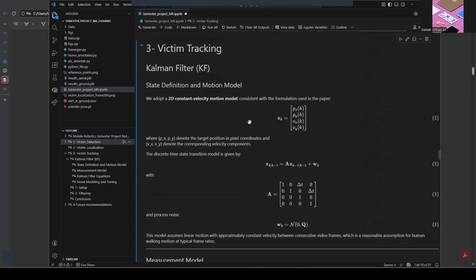So for the victim tracking part, we want to know where the person will be based off the measurements that we're getting from both our cameras in our paper. And in our case, we'll be focusing on just the aerial view. So our camera will be our measurement, and then we will be predicting based off our previous states where the person might be in the next coming frame.